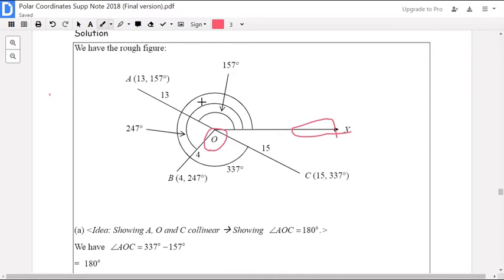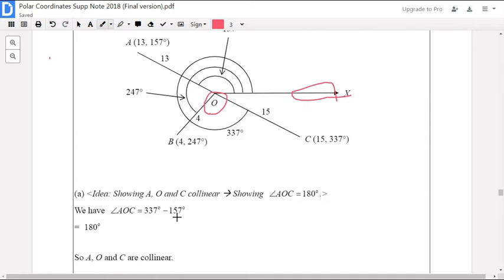We know angle XOA is 157 degrees and XOC is 337 degrees. So use the larger one minus the smaller one. You will have 180 degrees. Since angle AOC is of 180 degrees, therefore A, O, C are collinear.